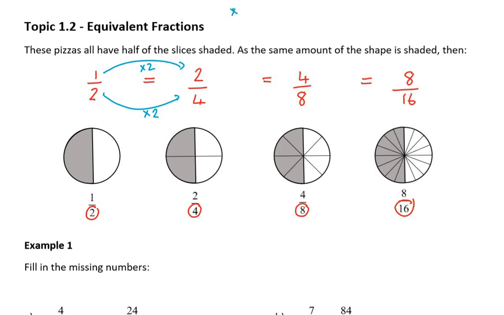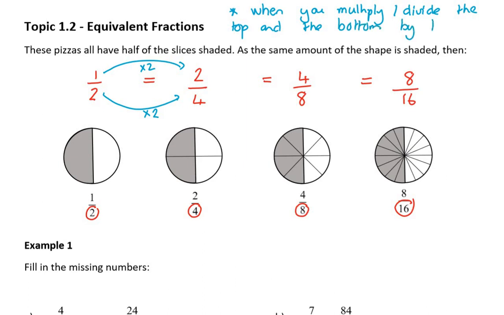So I'm just going to write myself a little note here. I'm saying multiply, but there's no reason why you couldn't be dividing. So when you multiply or divide the top and the bottom by the same number, what I'm arguing is that you are effectively multiplying or dividing by 1.